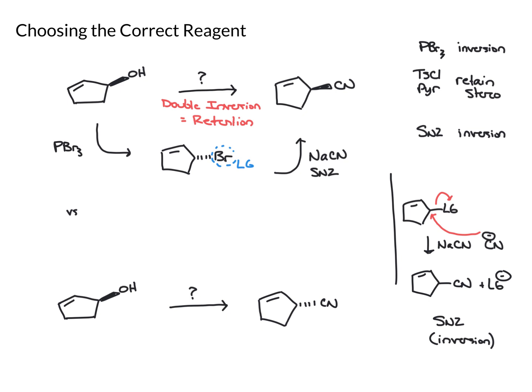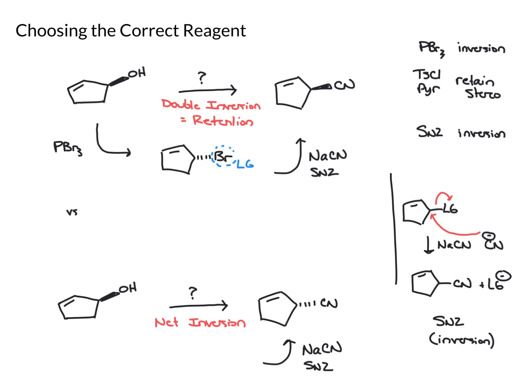In the second one, we have a net inversion. So what that means is we know the second step is going to happen with inversion. So we need our leaving group to be out so that the inversion causes it to go back.